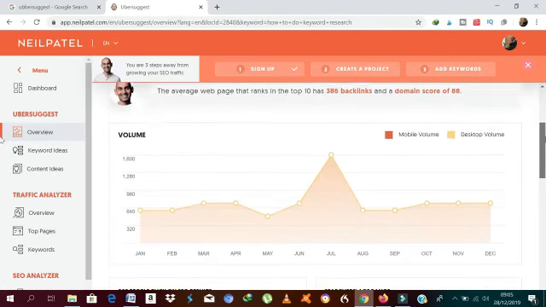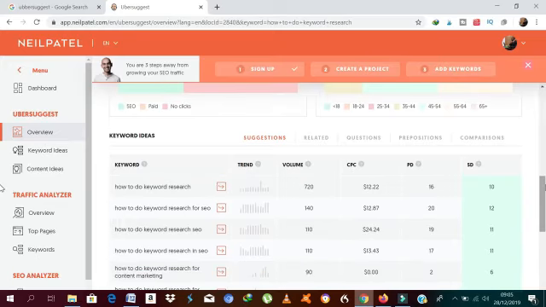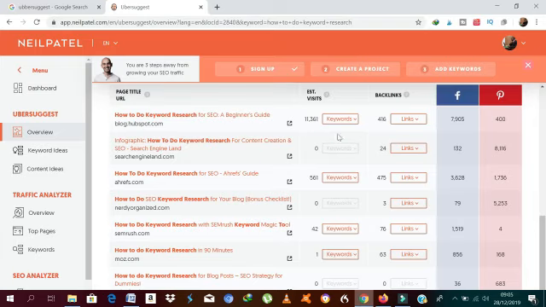So one interesting thing is that we also get some related keywords or suggestions to what we search. So you notice that apart from how to do keyword research, we have how to do keyword research for SEO, how to do keyword research SEO, and a whole lot. So when we are looking for a related keyword to what we have here, we just click this.